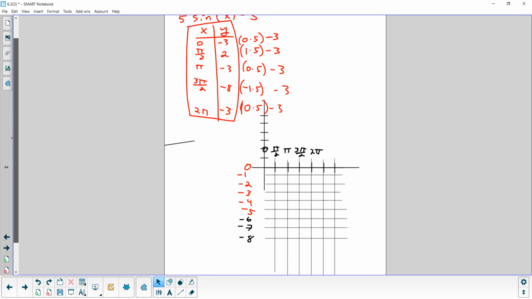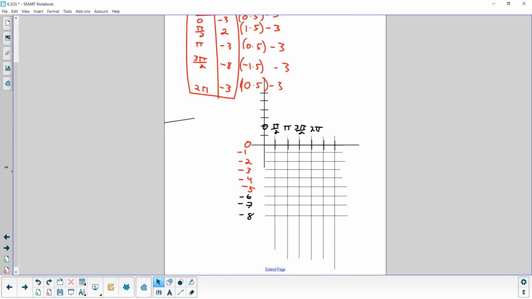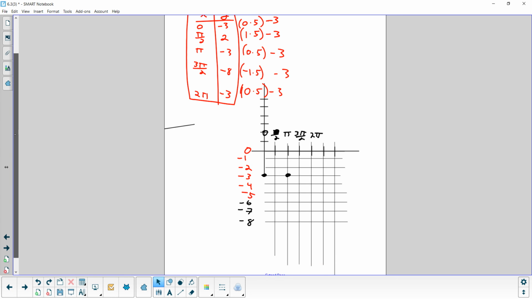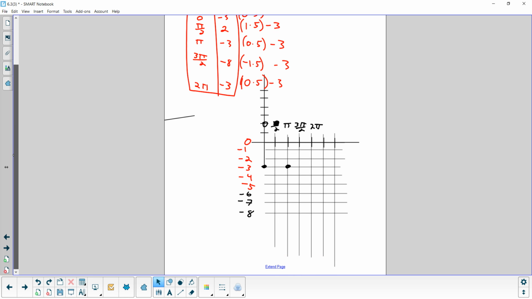All right, and just graph the points. So 0, -3. Pi over 2, we're at 2. Pi, we're at -3. 3 pi over 2, we're at -8.